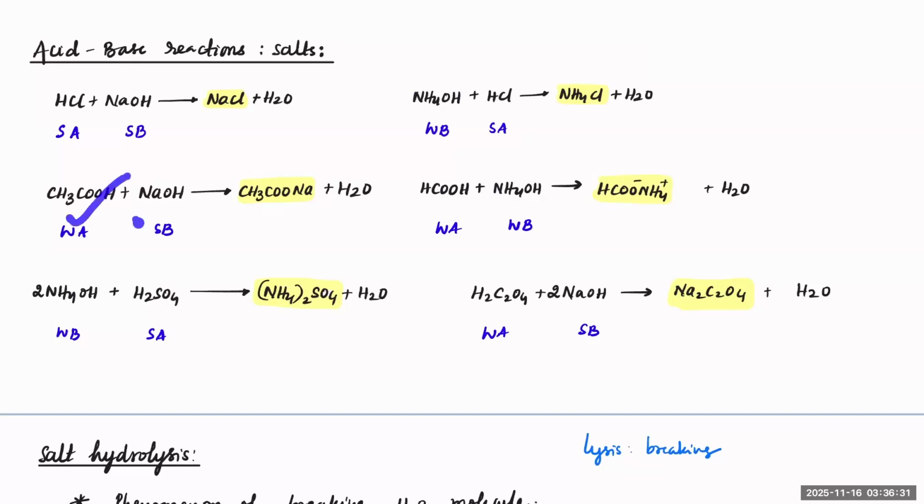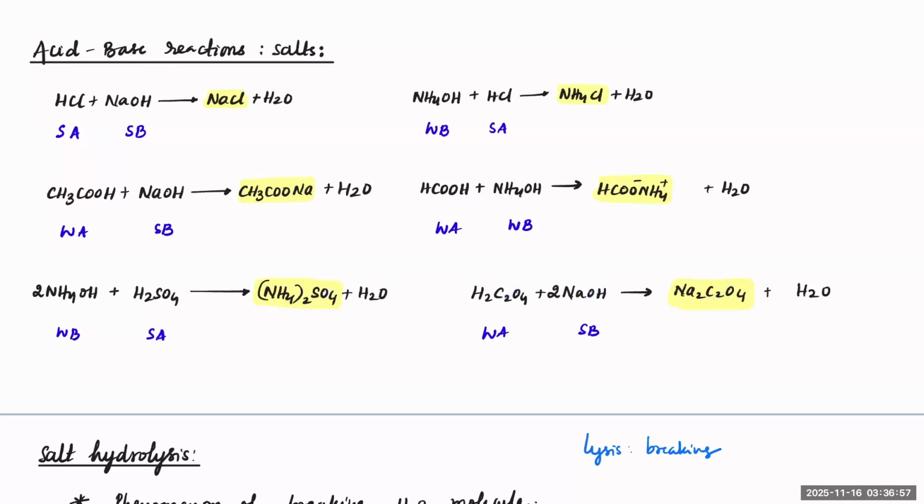Acetic acid and NaOH, weak acid, strong base, I'm expecting sodium acetate salt. Formic acid and ammonium hydroxide, so ammonium formate. This is again a salt. Ammonium hydroxide and H2SO4, that is ammonium sulfate, again a salt. Oxalic acid and NaOH, you'll get sodium oxalate. This is a salt form.